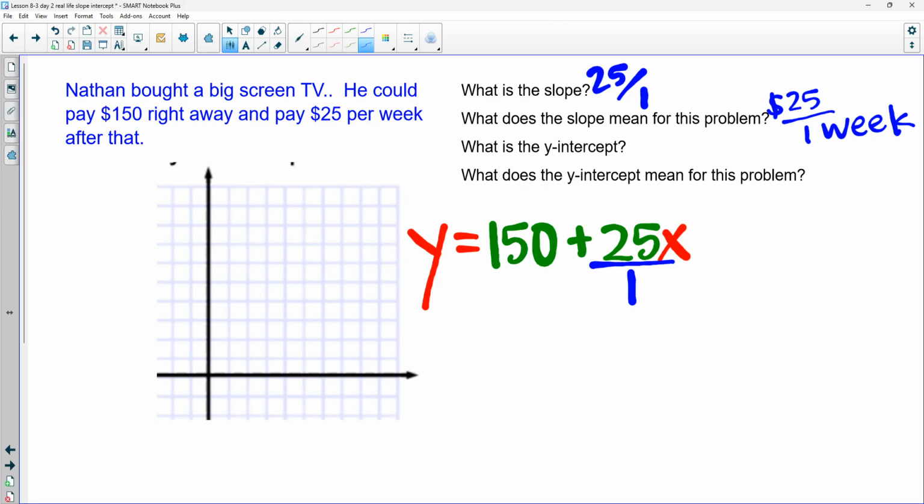And the y-intercept is the number by itself, 150. For this particular problem, 150 means, did you say money paid right away?